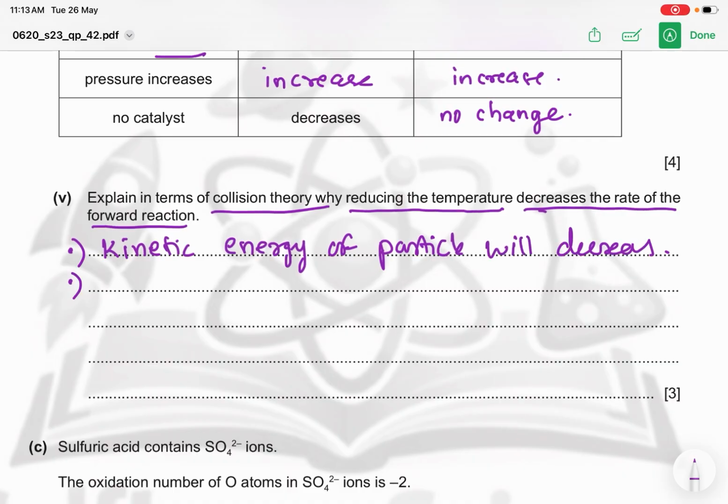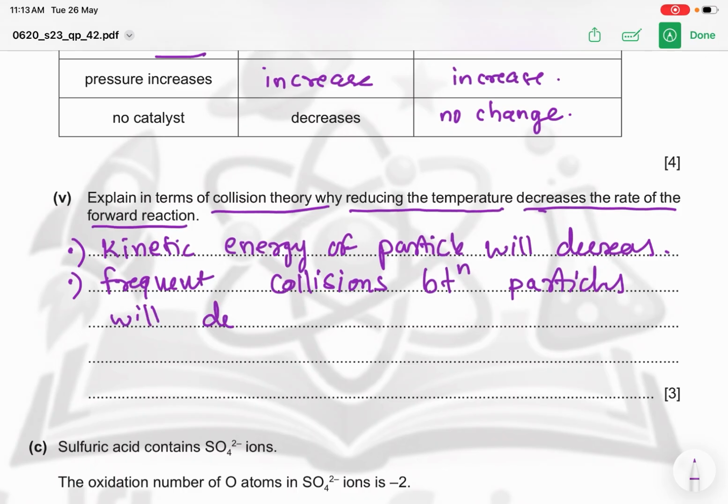Now if the kinetic energy decreases, definitely the collision between the particles is also going to decrease. So frequent collisions between particles will decrease. And the third point, there will be lesser particles which will have energy greater than activation energy.